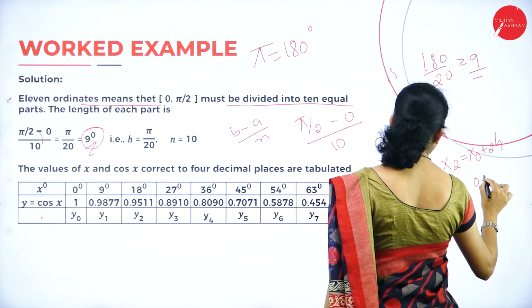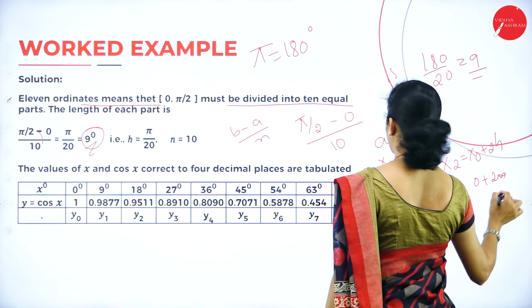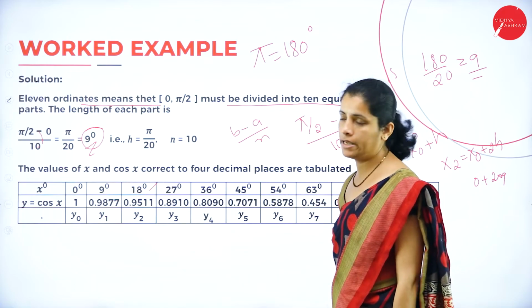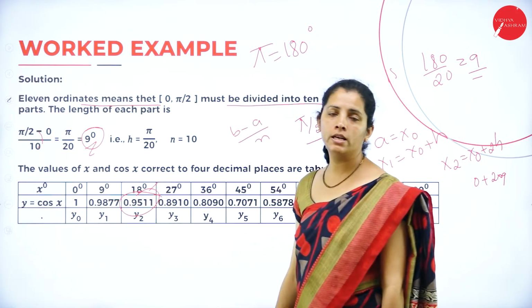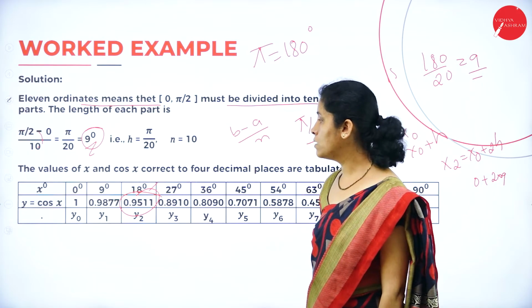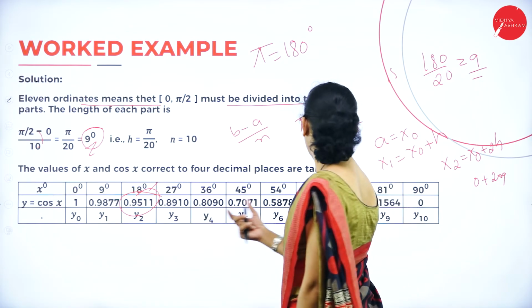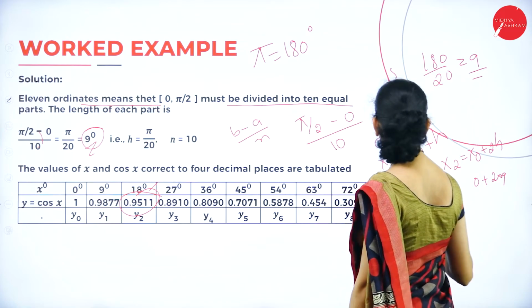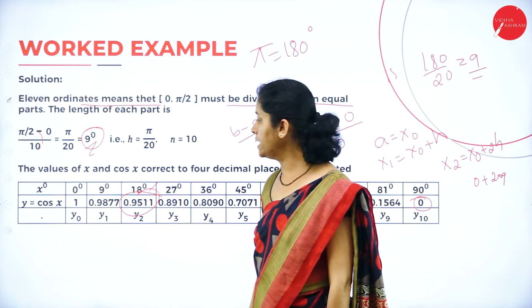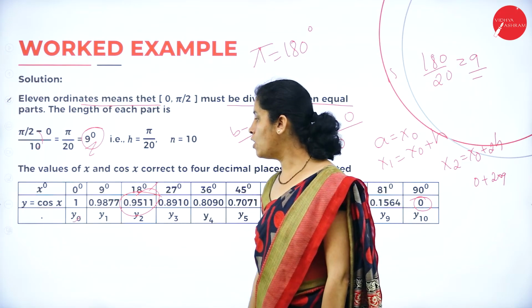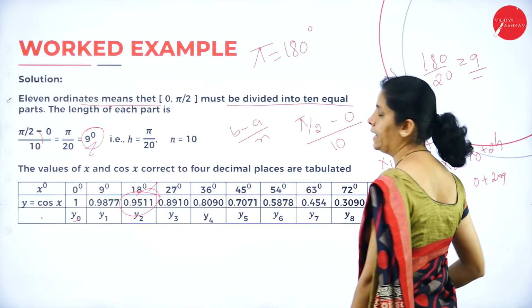So, 0 plus 2 into 9, it is 18. So, cos of 18 is nothing but 0.9511. Okay, and it's going to continue. So here cos of 90 is nothing but 0, and I'm going to have the 10 intervals y0 to y10.